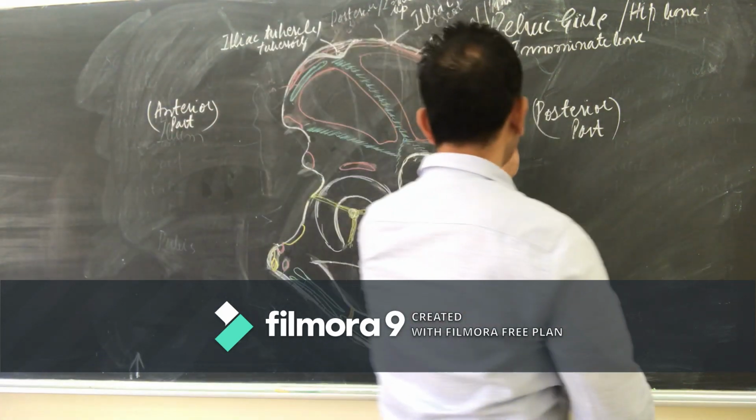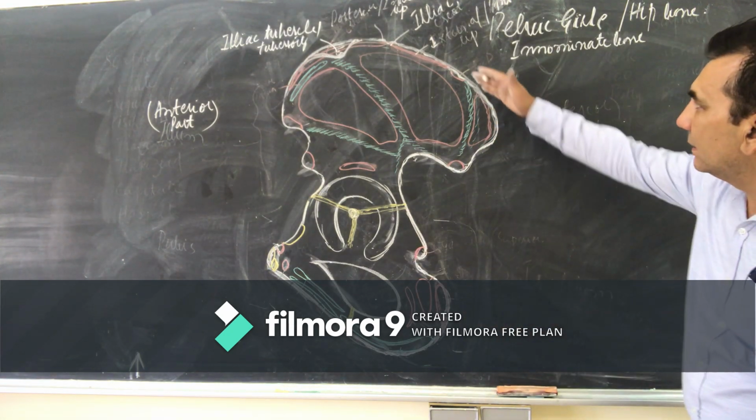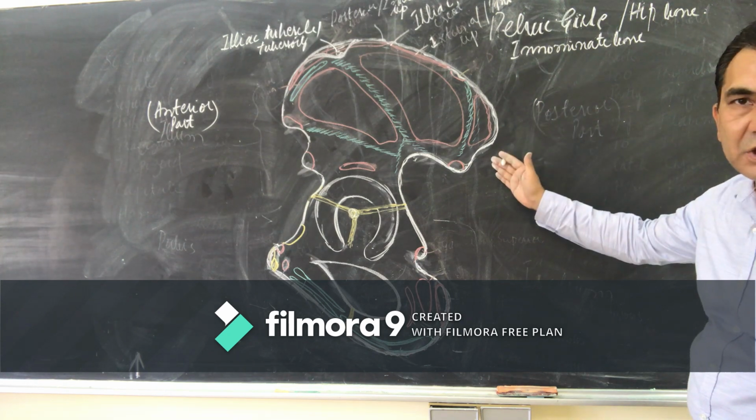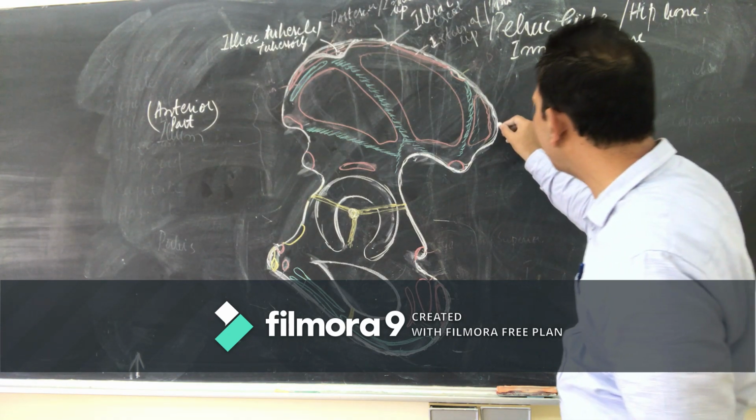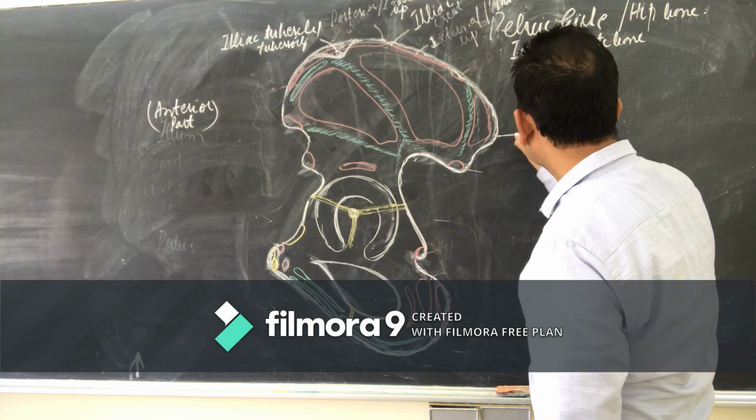Now we will come to the posterior side of the iliac crest. When the iliac crest reaches the posterior side, it makes two spines here.